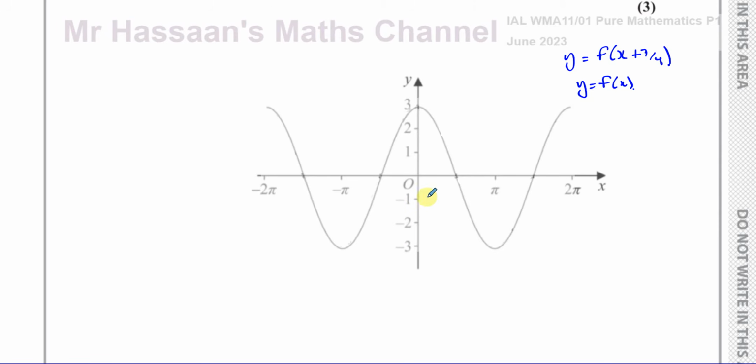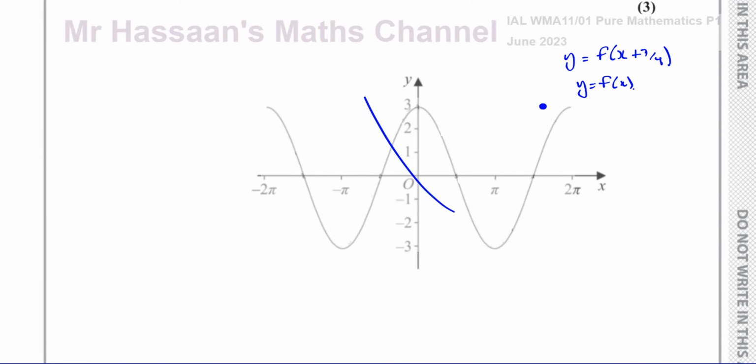So they'll still be the same shape of this graph in terms of its amplitude, how its maximums, they'll still be the same values, but the x coordinates will shift. So everything will go back by pi over 4. So this 2 pi will end up being up here somewhere.